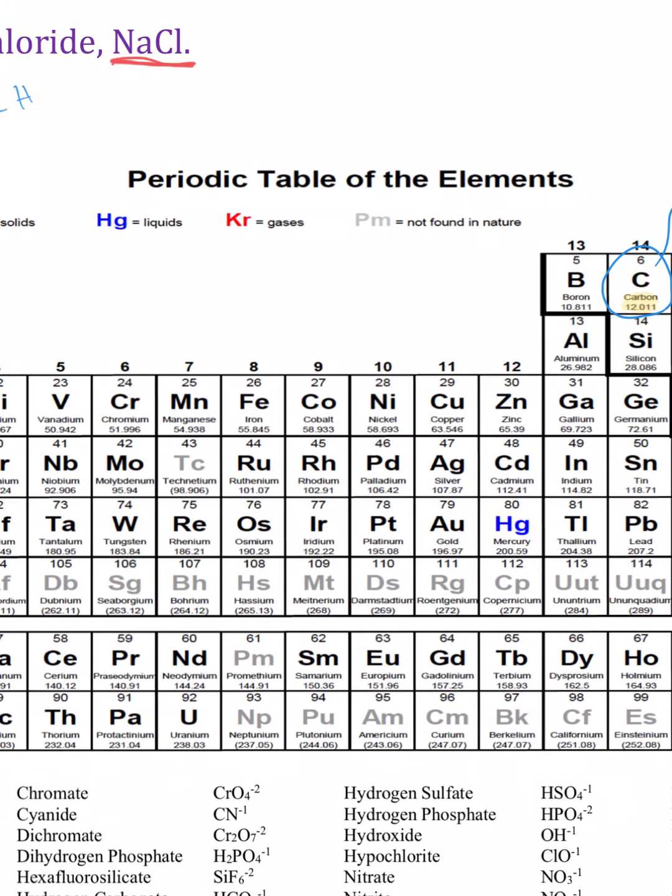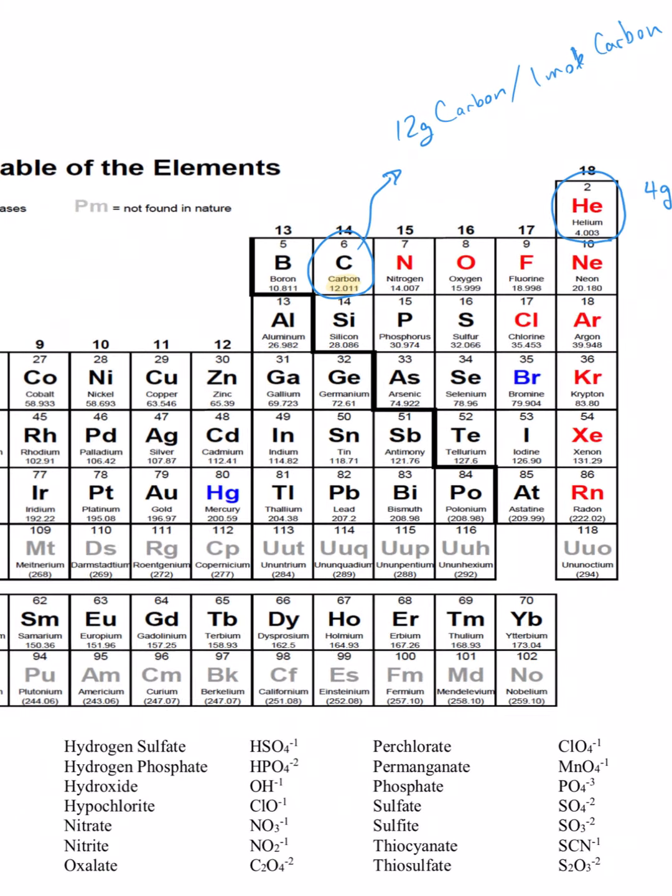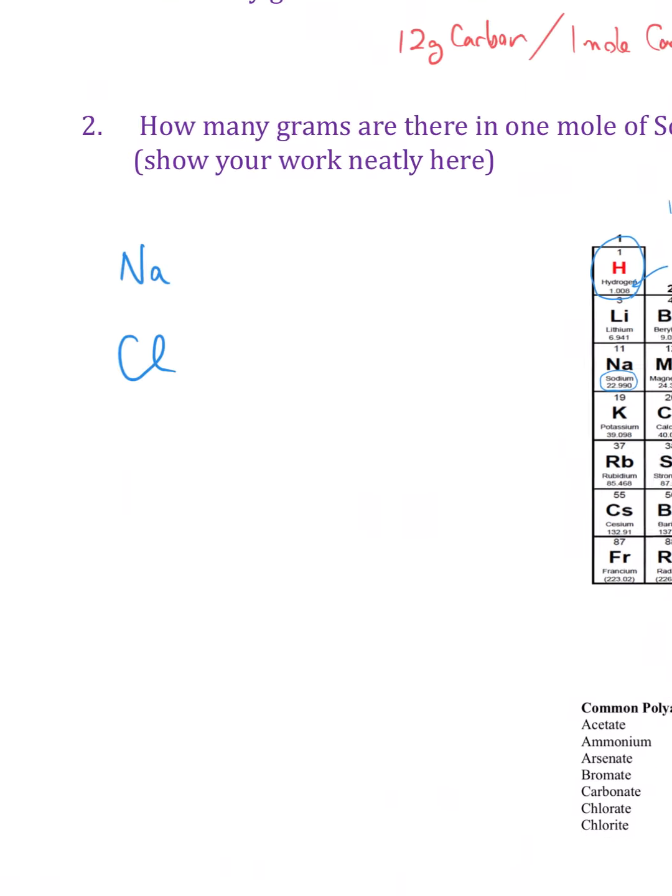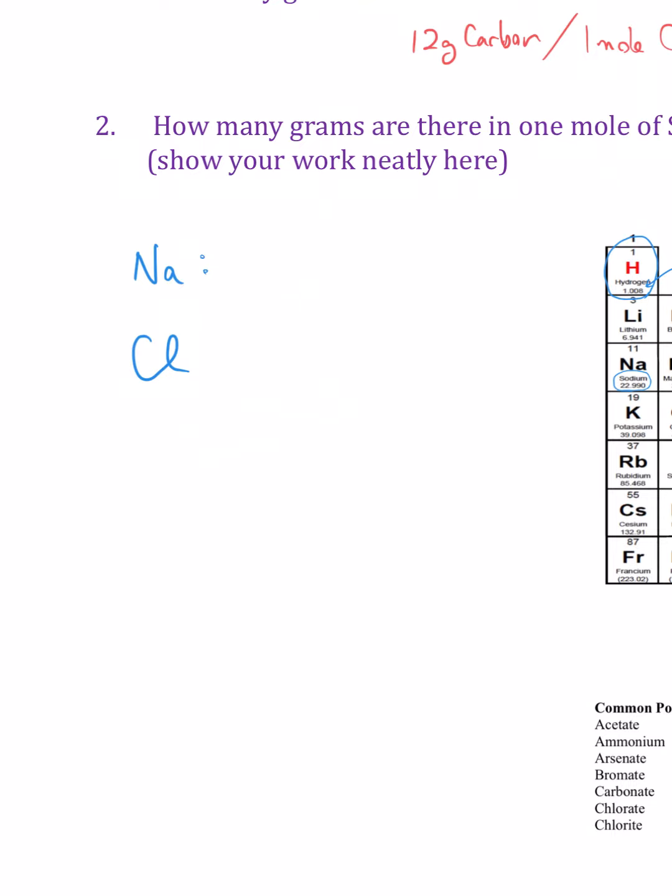I look at chloride, and I see that it's 35 grams. So sodium, 23 grams, chloride, 35 grams. Add those together, 58 grams, and there's my answer. There are 58 grams of NaCl in 1 mole of NaCl.